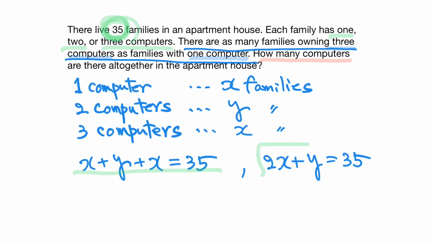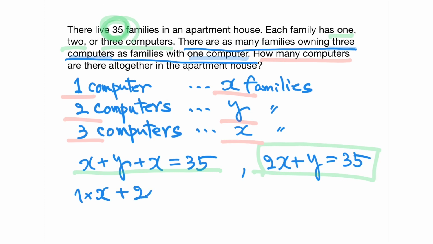Okay, remember this. And the number of computers: 1 computer, x families; 2 computers, y families; 3 computers, x families. So 1 times x plus 2 times y plus 3 times x is the total number of computers.